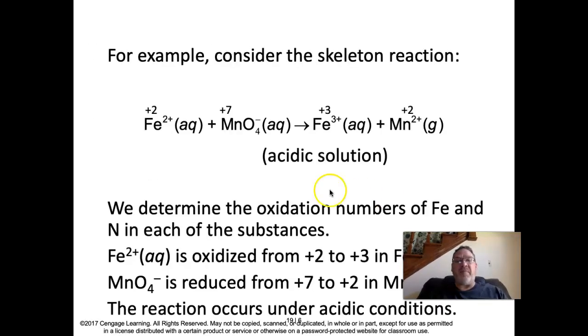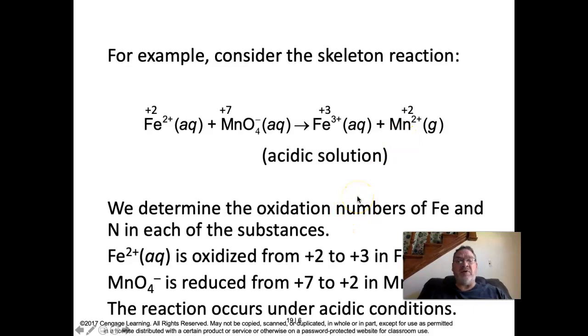We're going to focus on those reactions that occur in an acidic solution, and you'll see why here in a minute. Okay, so here is this first reaction, and what they've done for the iron and the manganese is they have assigned the oxidation numbers for each one. So you can see for the iron here, it's gone from +2 to +3. For the manganese, it's gone from +7 to +2. These oxidation numbers, you can go back to chapter 4, which has the rules for assigning oxidation numbers.